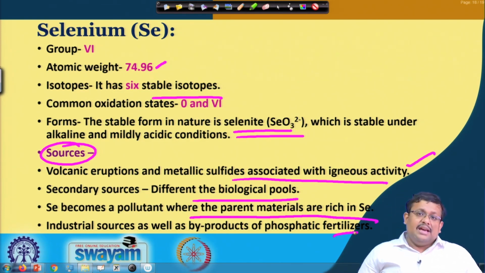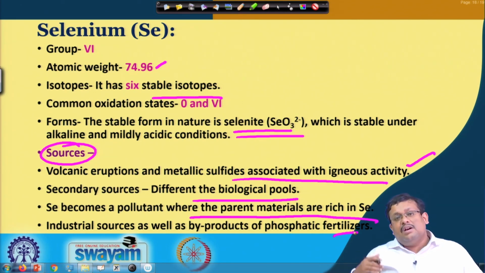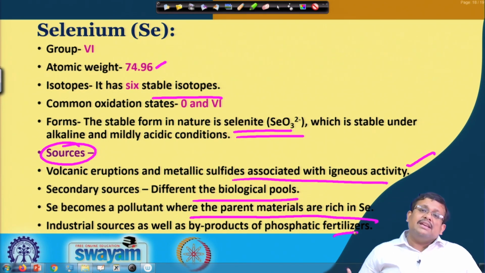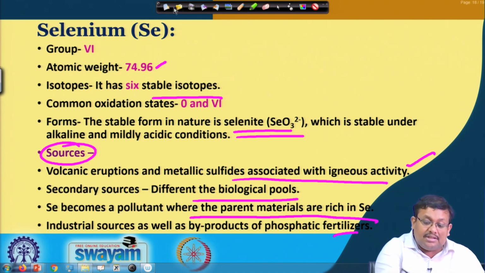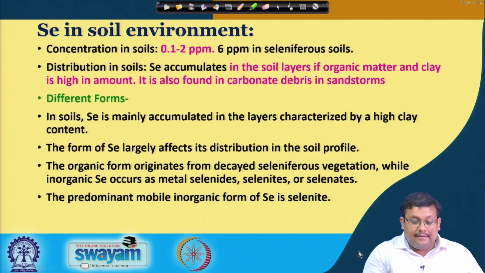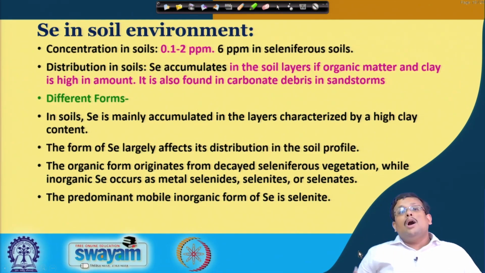The industrial production of phosphatic fertilizer can release a huge number of trace elements causing toxicity, and volcanic eruption can produce a huge amount of selenium, while secondary sources like biological pools also contribute to selenium toxicity in the soil.